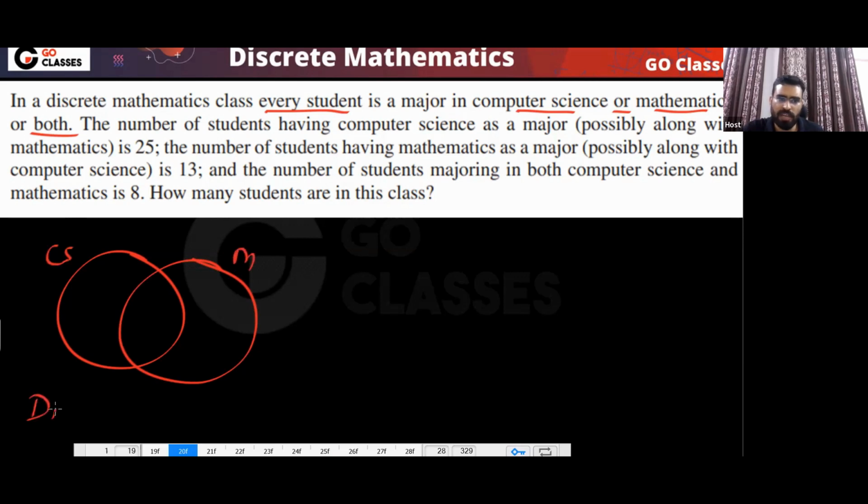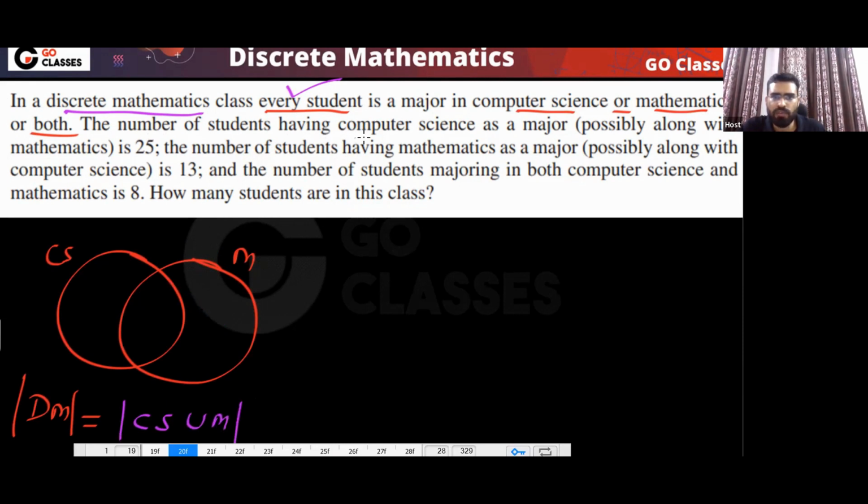So this is your DM class. What is the number of elements in the DM class? Can anyone tell me the number of students in the discrete mathematics class? You can notice that every student is either here or here or here. So I can say the number of students in the discrete mathematics class will be the number of students in the union.